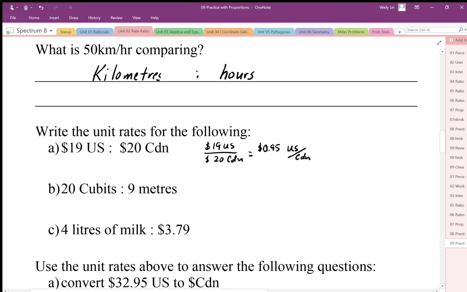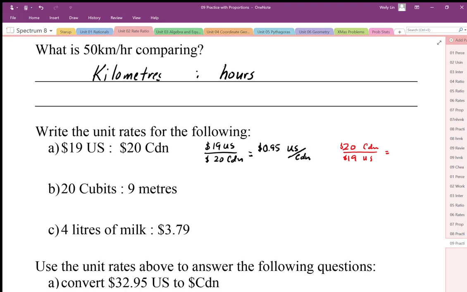Okay, now we can write that same rate in its reciprocal form, and it would be $20 Canadian compared to $19 US. Okay, so if we want to find out the unit rate, again, we're going to divide this. So when we divide 20 divided by 19, we end up with 1.052.